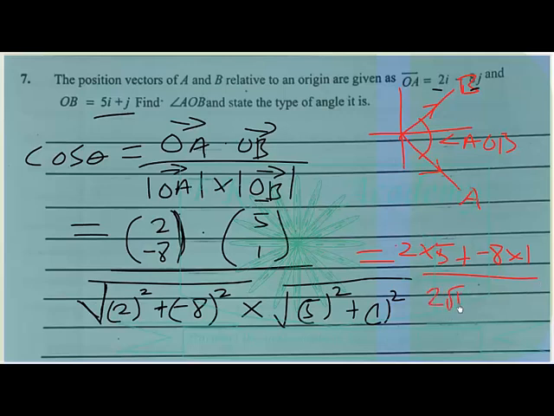Then 5 squared plus 1 squared will give us root 26. So we are multiplying it. So let's simplify that.